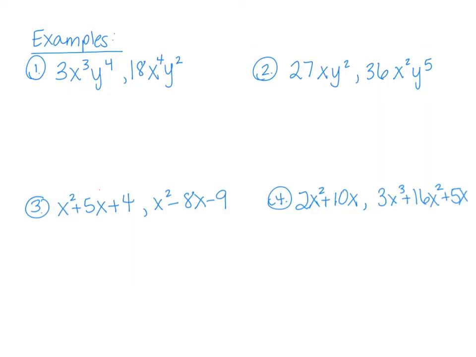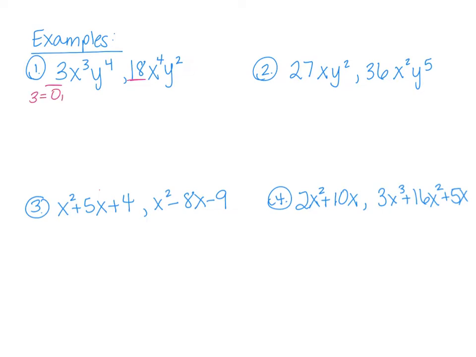All right, so looking at this first example, I want to start off with my constant. So I'm going to look at 3 and I'm going to look at 18. And honestly, I'm the type of person that likes to write out the multiples. I'm not so much of a prime factorization person. So I'll do it both ways so that we can see what's happening. But I'm going to write out the multiples of 3.